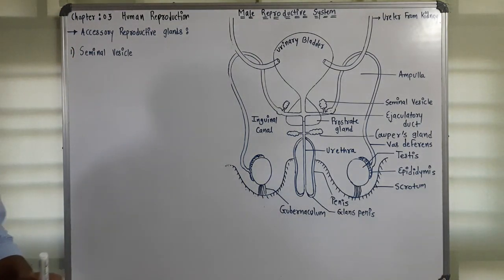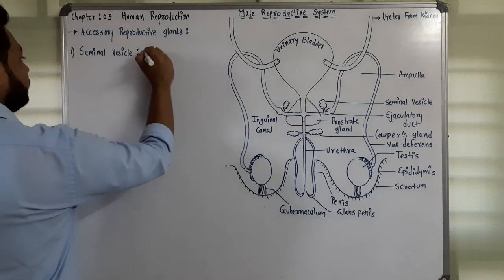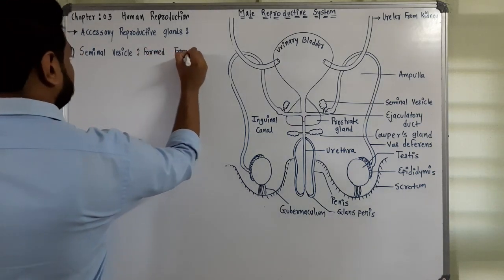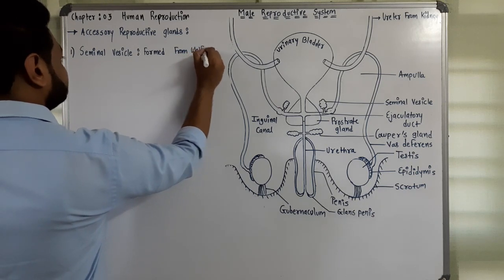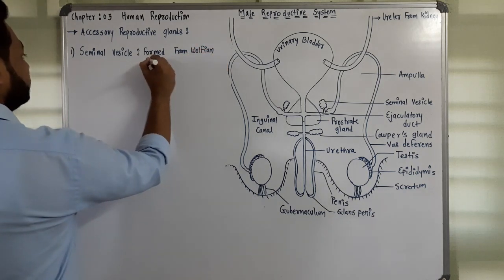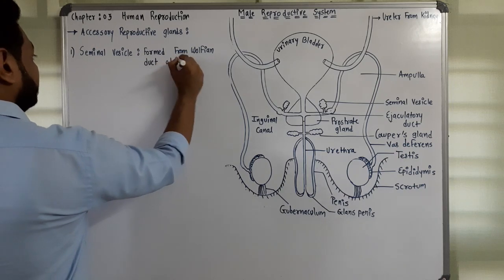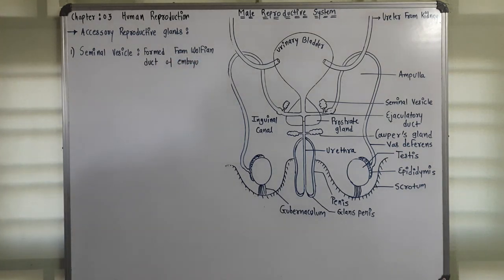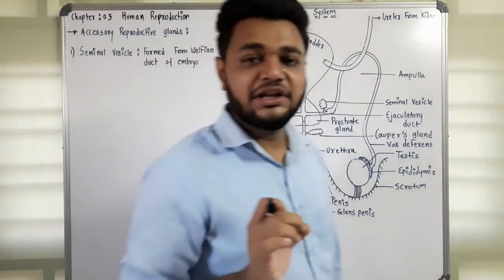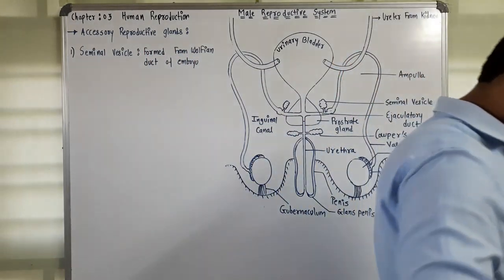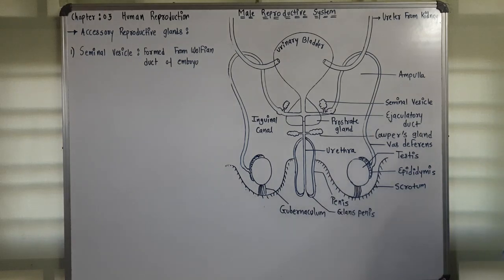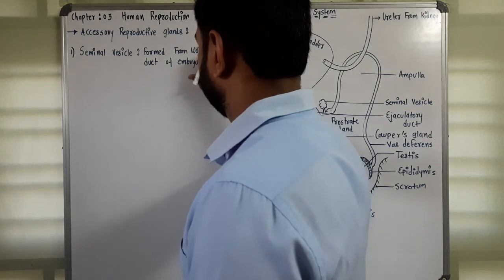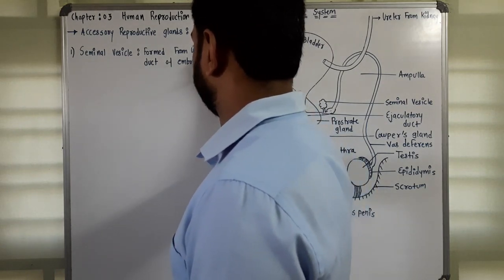Same way, the seminal vesicle is also formed from the Wolffian duct of the embryo, right? At embryonic time there is a duct referred to as the Wolffian duct, and from that only the seminal vesicle has formed.